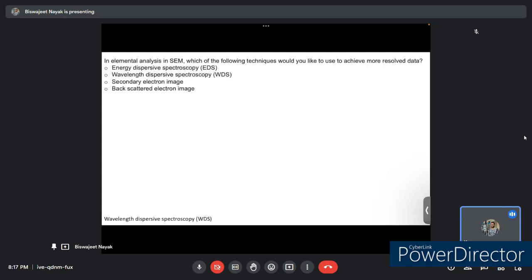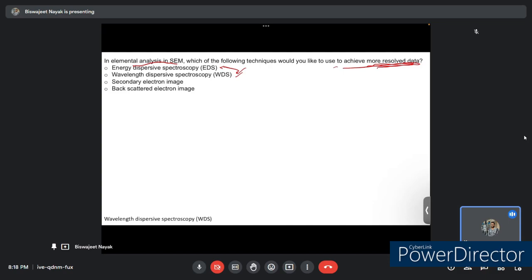In elemental analysis in SEM, which of the following techniques would you use to achieve more resolved data? WDS is way better than energy dispersive spectroscopy because it provides better resolution.